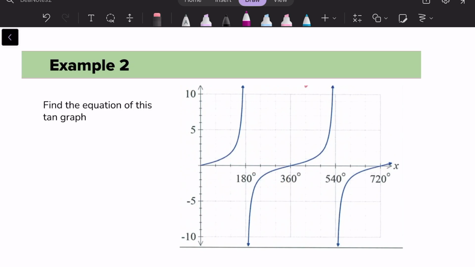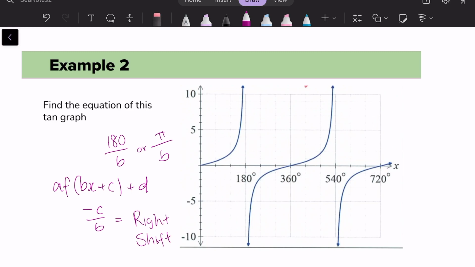So unlike the cosine and sine graphs, the period of a tan graph is 180 over b, or in radians, pi over b. That's the period. However, it is similar in the sense that in the general formula, a tan(bx + c) + d, d is still the vertical shift, and negative c on b is the right shift.